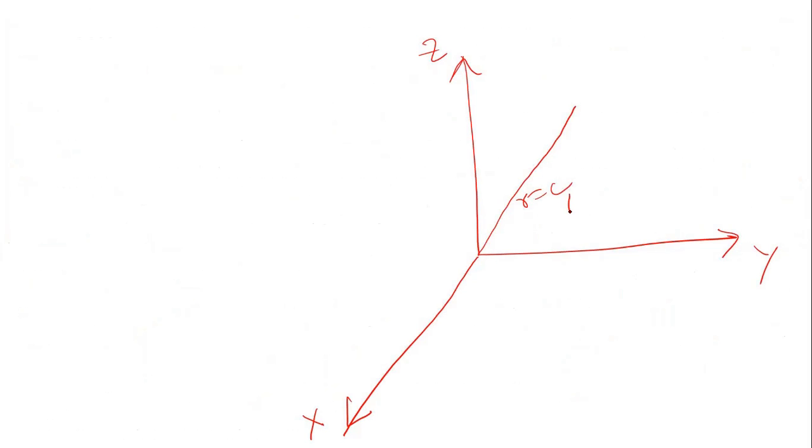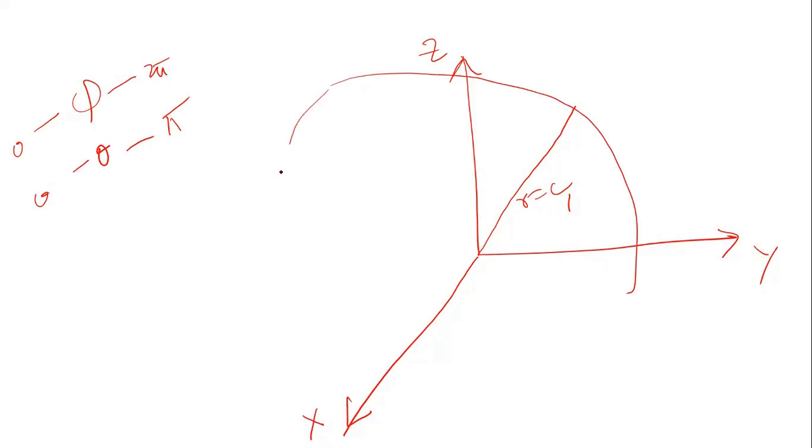If you fix the value of r, that is the radius is fixed, the distance of the point from the center is fixed. If you are allowed to vary phi from 0 to 2 pi and theta from 0 to pi, by fixing the value of r, you will be able to cover every point on the surface of a sphere.